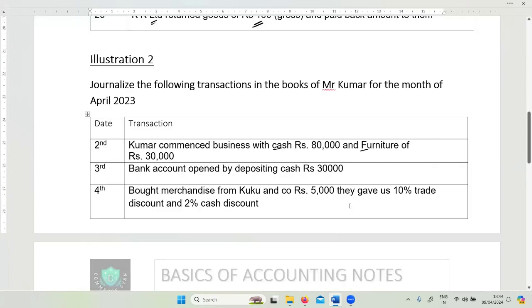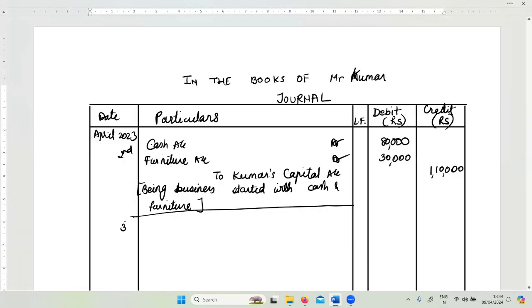Next that we have is bank account opened by depositing cash 30,000. So cash is deposited naturally, and the second part of this transaction is bank. Basically, we have cash and bank are the 2 accounts. Let's write this transaction on 3rd. Bank account debit because bank is the receiver. Debit 30,000. We are depositing the cash in the bank.